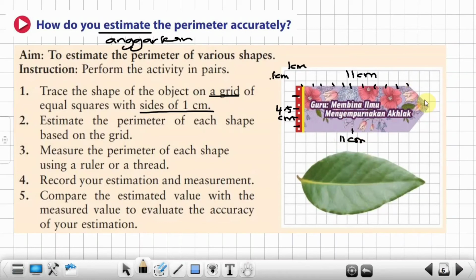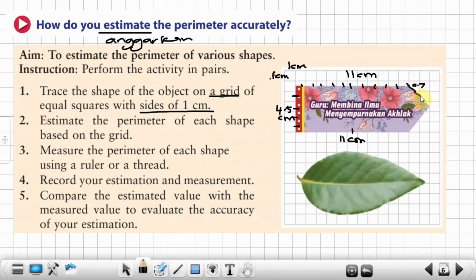And what about this slant? Slant, so you need to estimate. Kamu kena agak-agak lah. This one is on the grid, one grid, one box. So I estimate it is more than 0.5, maybe it is 0.7.